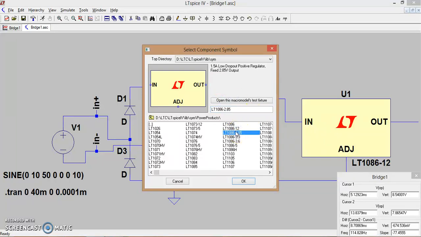So let me again look for something. Now here it's adjustable. This is also adjustable. So let me look for another one. So this is fixed voltage, but still there is an adjustable pin here.